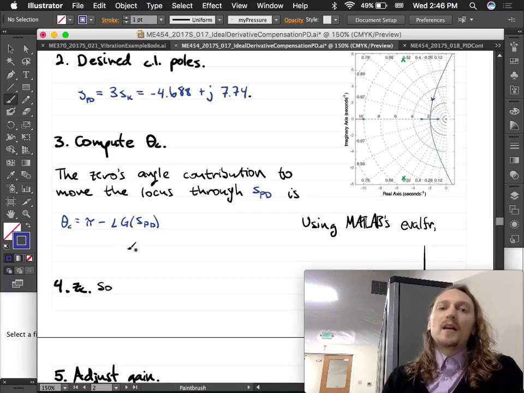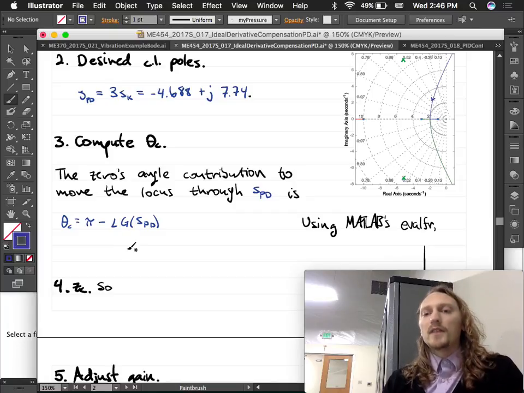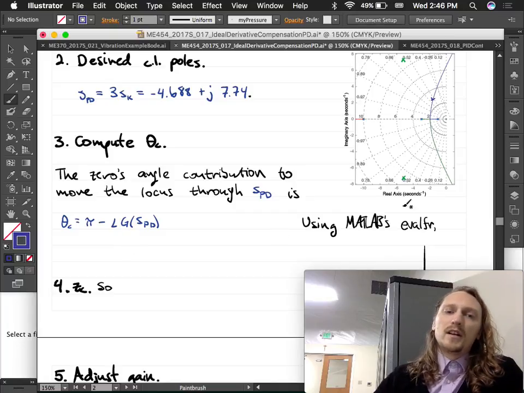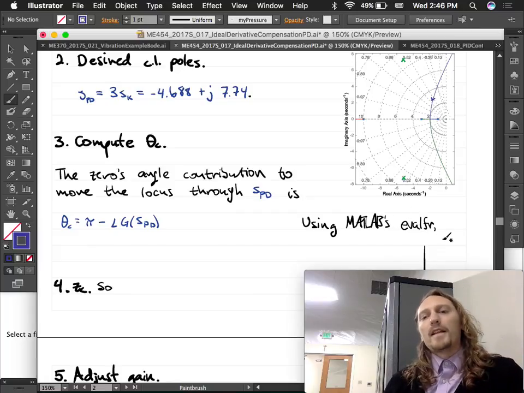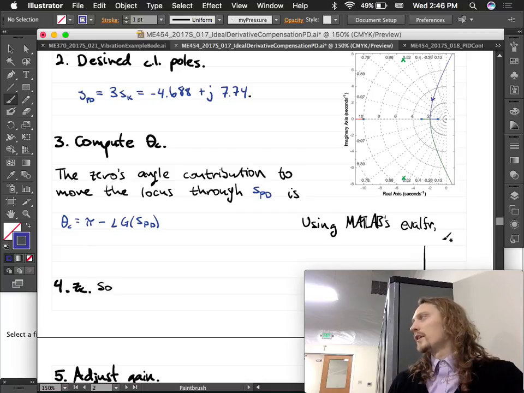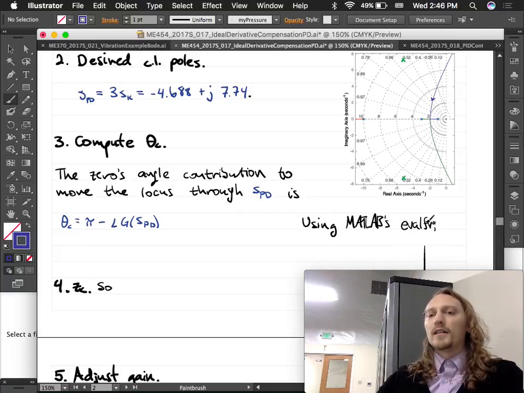To use MATLAB to compute it, there's a really nice function called eval_fr. That stands for evaluate frequency response. It also works for evaluating a transfer function at a certain value of s. So it's a really nice little function. What's the word again? It's eval_fr.